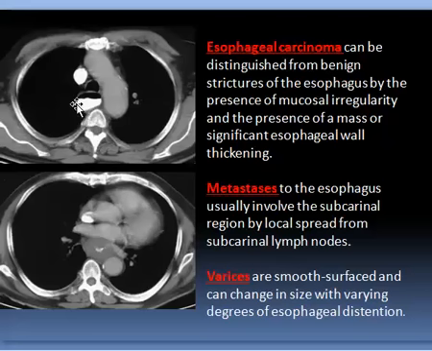The process is just esophageal dilatation. Metastasis to the esophagus usually involve the subcarinal lymph nodes. Varices, of course, cannot reach that size, and they are smooth surface, tortuous, longitudinal mucosal elevations.